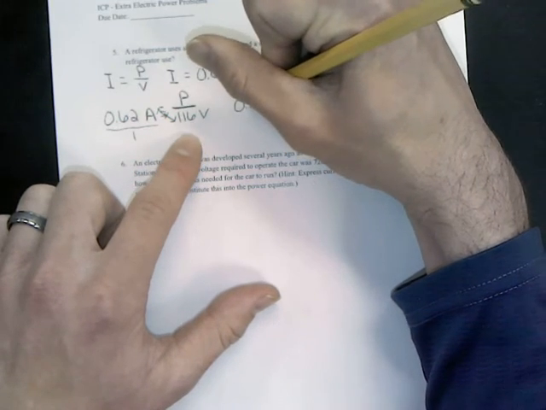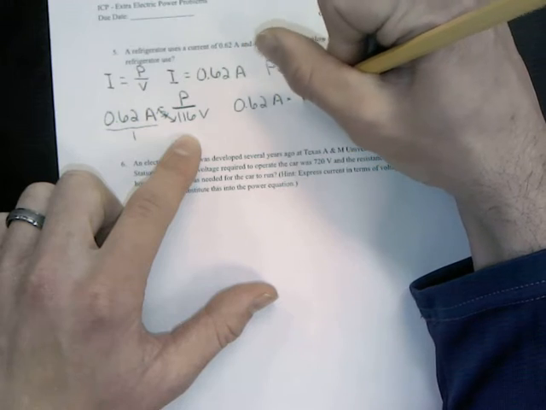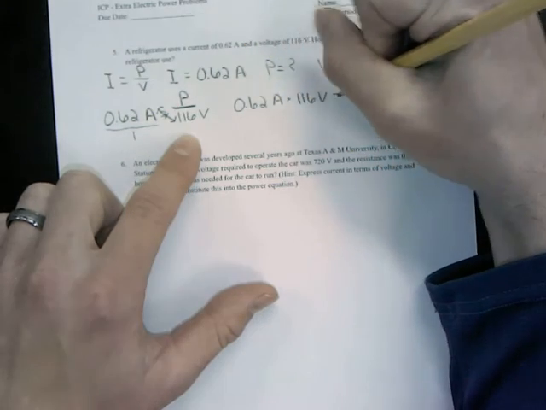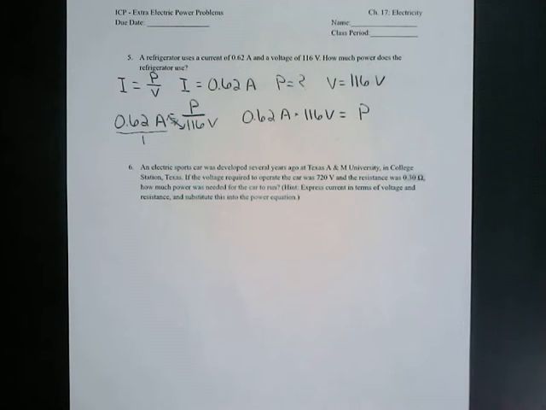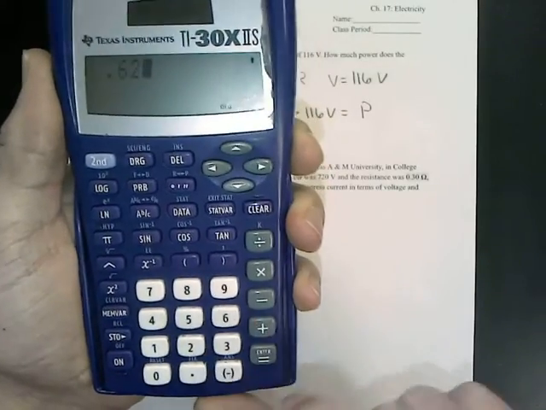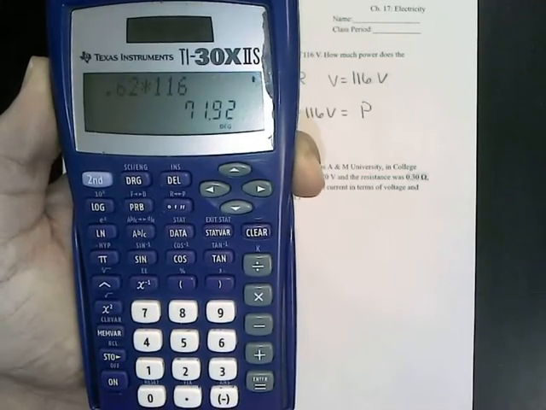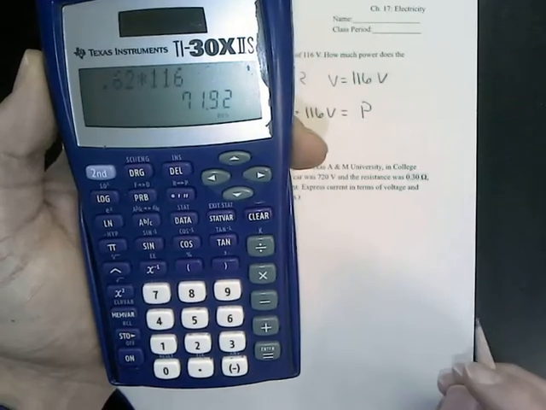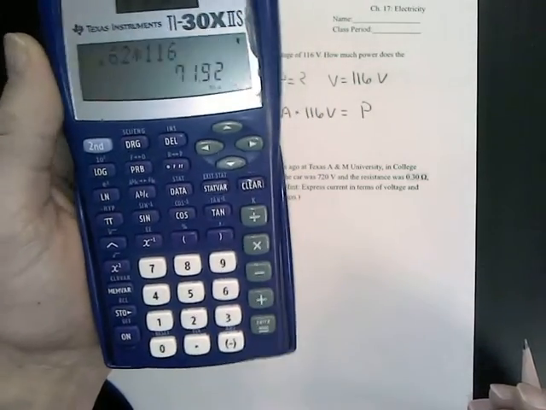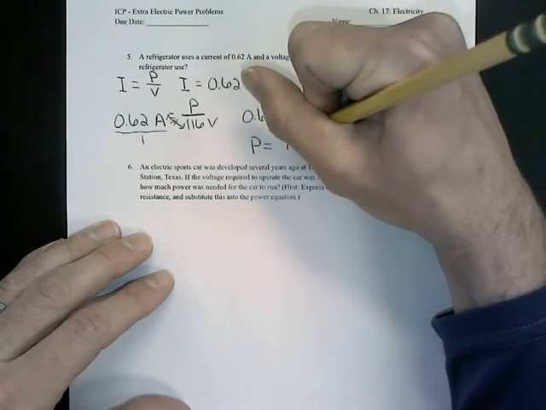So 0.62 amps times 116 volts equals P times 1, which is just P. And so in our calculators, all we're going to do here is take 0.62 amps times our 116 volts, and we get a value. I'm going to round to 3 digits, 71.9 as our watts. P, remember, is expressed in watts.